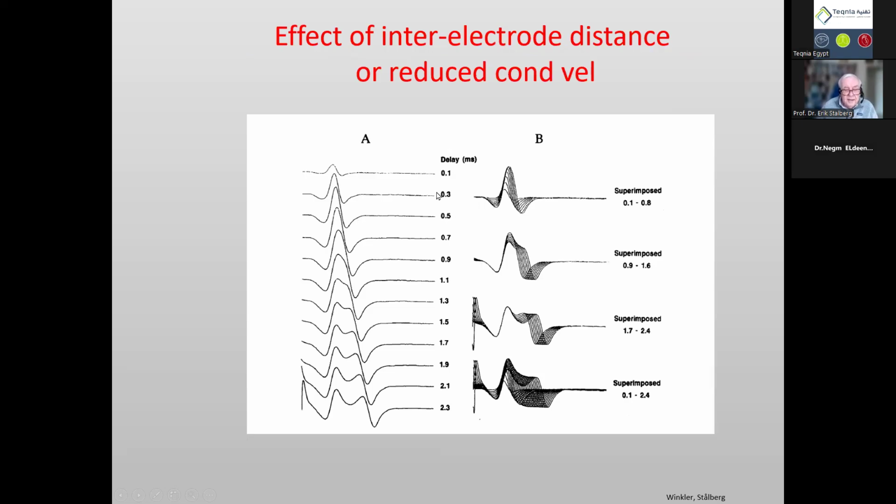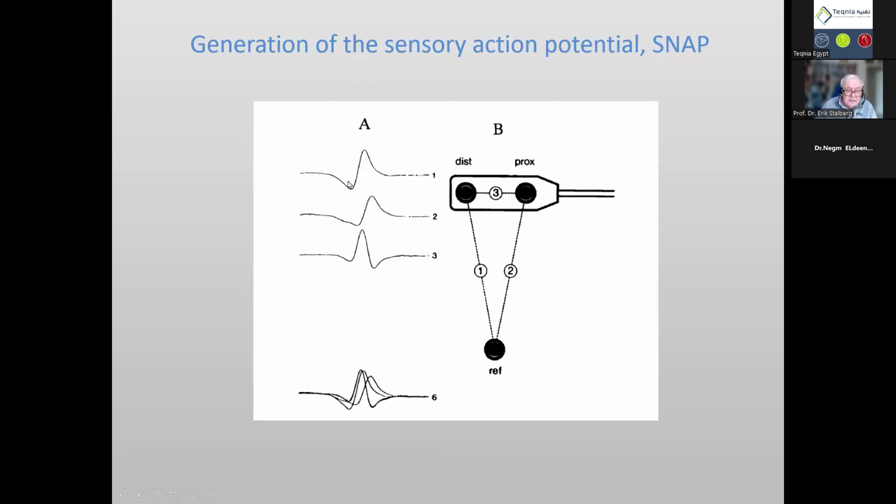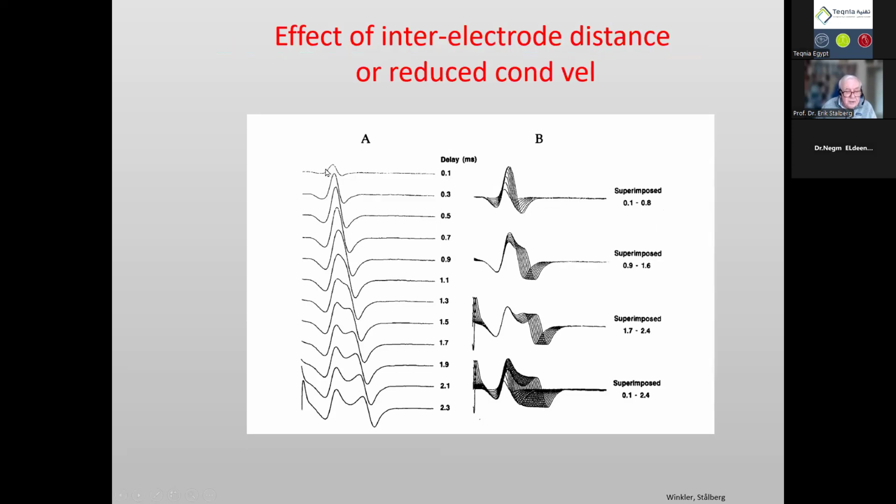And here I have tried to simulate if the distance is very small and then longer, longer, longer. When we have a very small distance, we get small signals. And if the distance is longer and longer, it goes up to a maximum.